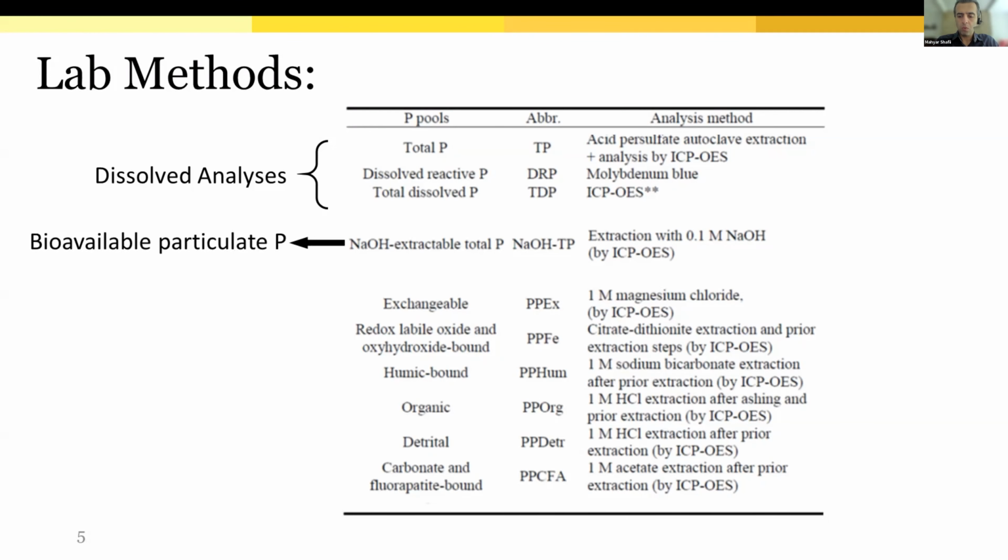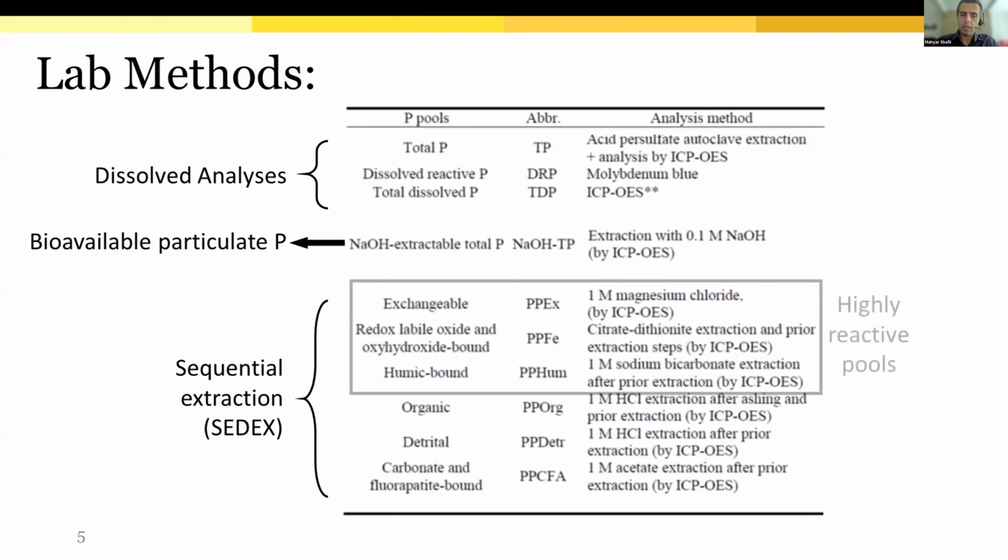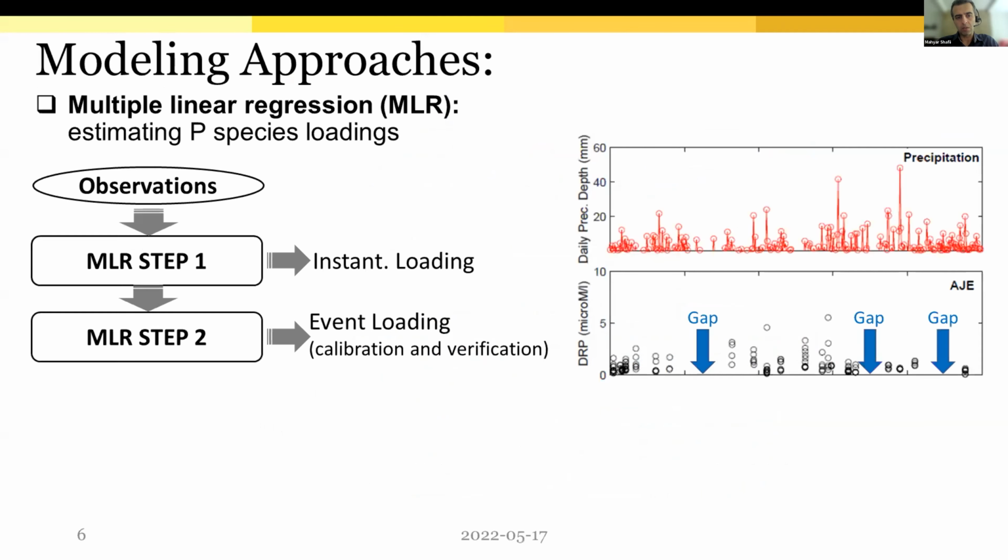And within the same pool, we have a sequential extraction method called CDEX that gives us different pools of phosphorus within particulate form. And the idea is just to look at highly reactive pools within the particulate form in different places and see if we have more reactive or less reactive, more stable forms in the sediment.